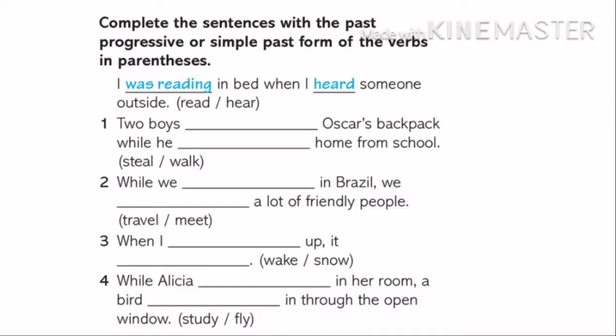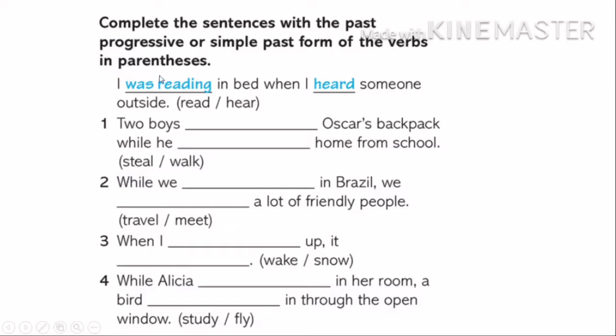And let's see the example. The verb you have to use here is read. So first goes read. But I'm gonna identify if it's simple past or past progressive or continuous. The long action is gonna be past continuous. What was she doing?